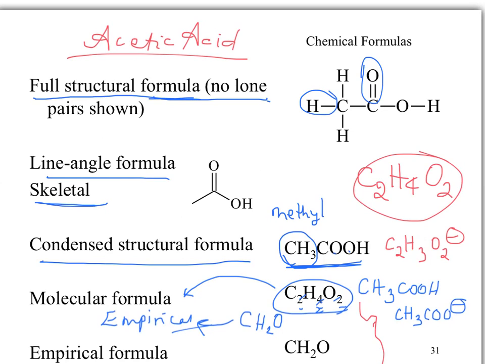In a line angle formula, every connection or point of intersection between lines is a carbon atom. These are written such that the double bond, which will have sp2 hybridization, is shown, ballpark, at about 120 degrees. I'm not going to sit there with a protractor to measure the angle.